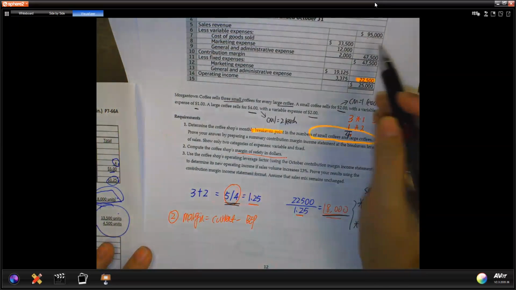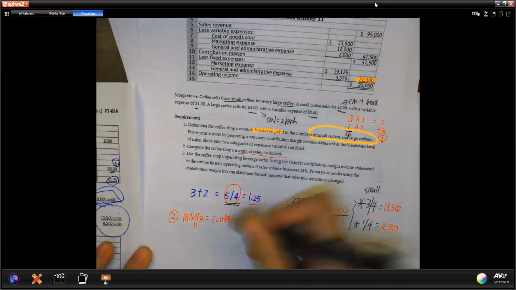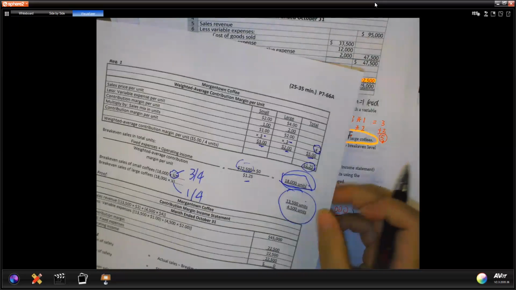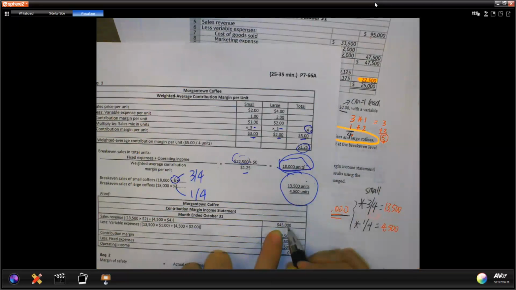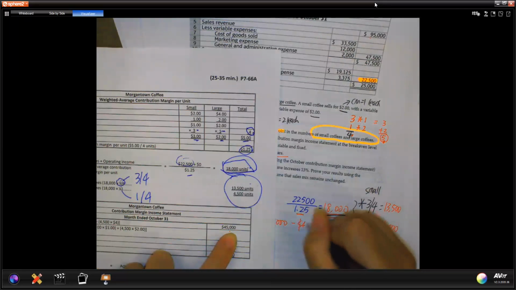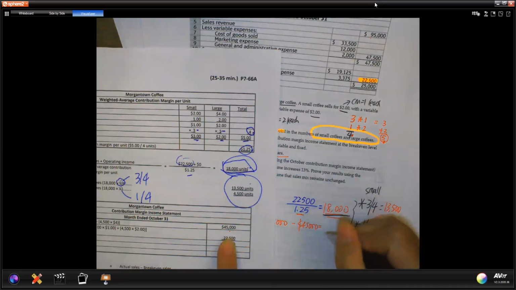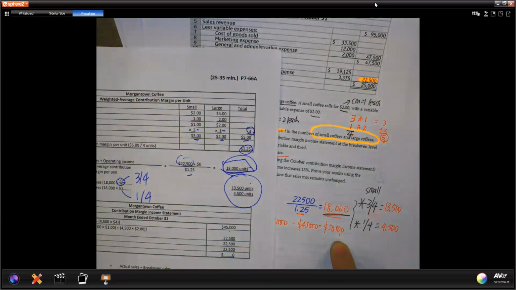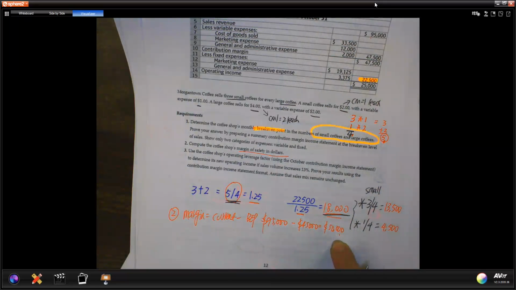So our current sale is $95,000, and our break-even point sale we already did is 45,000. So you get your margin of safety, which is $50,000. That means your sales can decrease by $50,000 before you reach the break-even point.